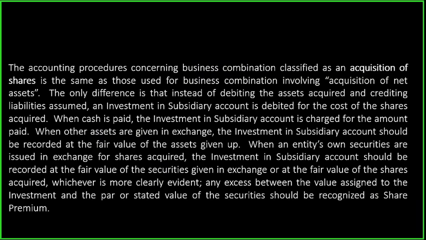Okay, so let's continue. Accounting procedure is very easy for this type of business combination because the only difference is that instead of debiting assets acquired and crediting liabilities assumed, you record the investment in subsidiary as your debit. And then you credit the consideration that was sacrificed.